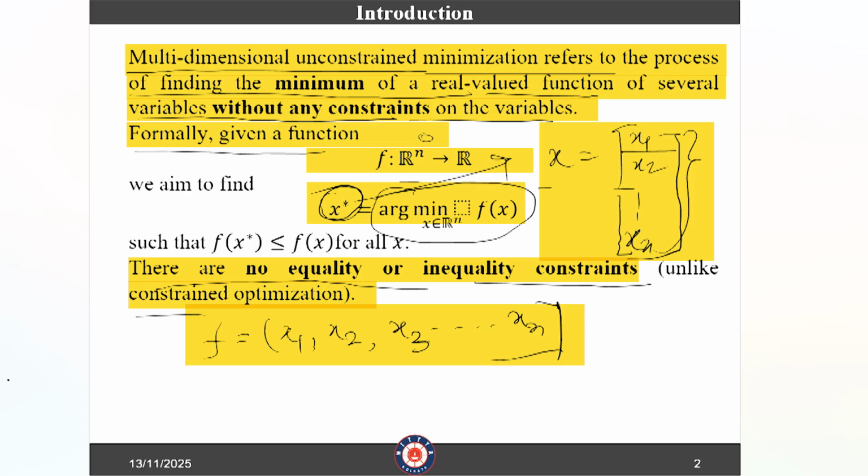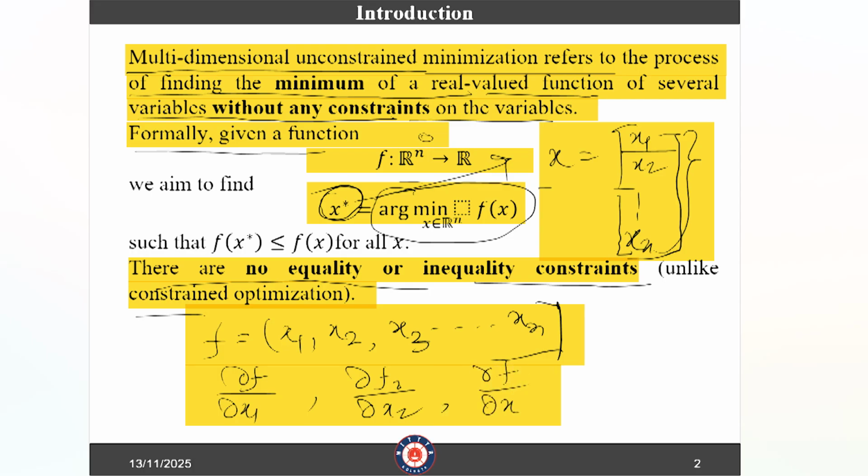Like in a single variable function, we need to take delta f by delta x1, delta f by delta x2, delta f by delta x3, and so on, and each of these should be 0.